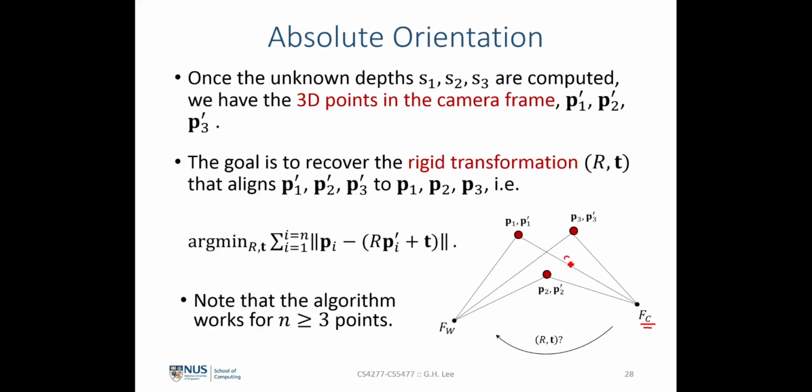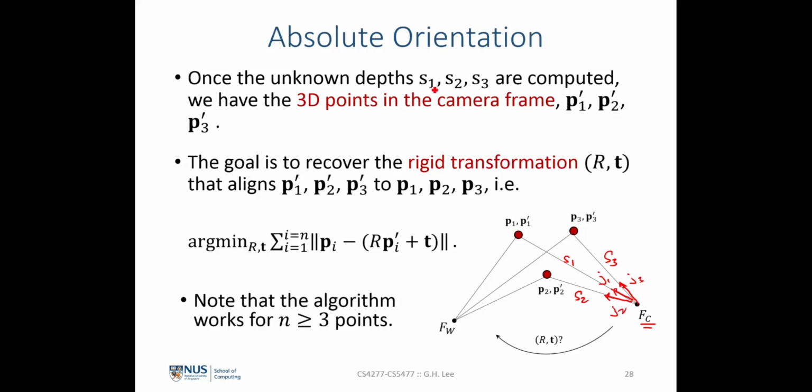So I represent this as S1, S2, and S3 as seen earlier on. We also know that the directional vector can be computed from the image correspondence, given by the unit direction vectors J1, J2, and J3.